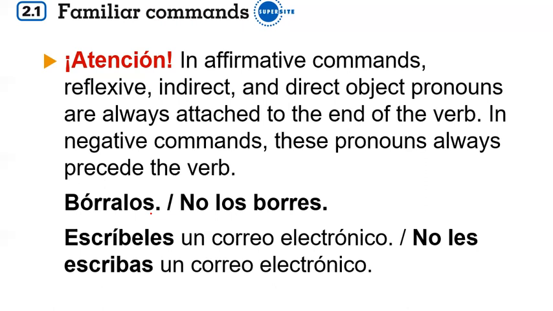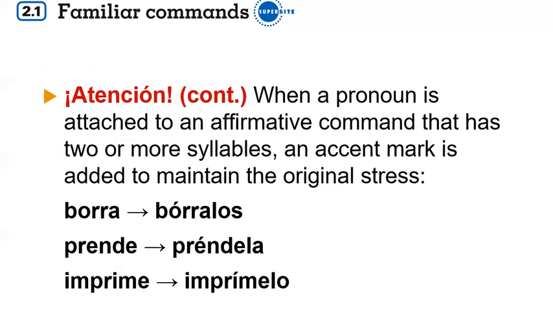Now, basically, I will show you a slide here real quick. When you have a two-syllable word, or at least a two-syllable word, you are going to add an accent mark whenever you add an object pronoun. So let me make some markings here.